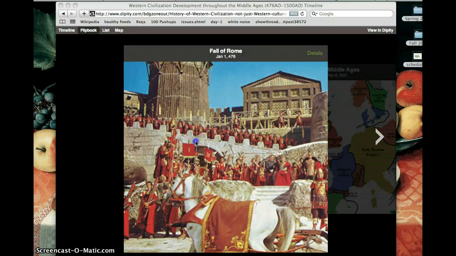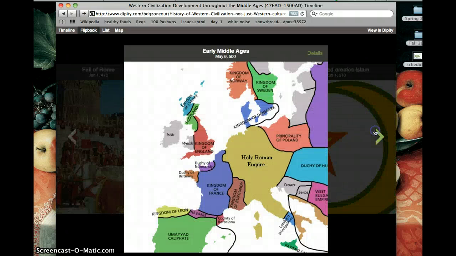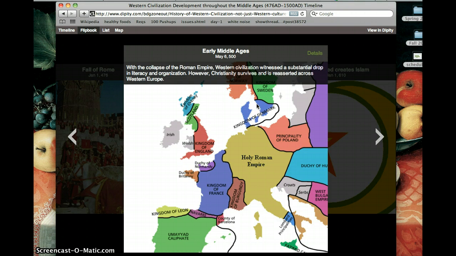And I have a little example of the Middle Ages in Europe. And the reason why this is important and I used it as an example is because it created the early divisions between Western and non-Western civilizations.